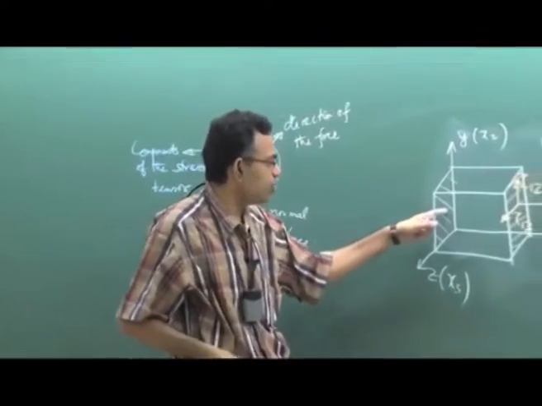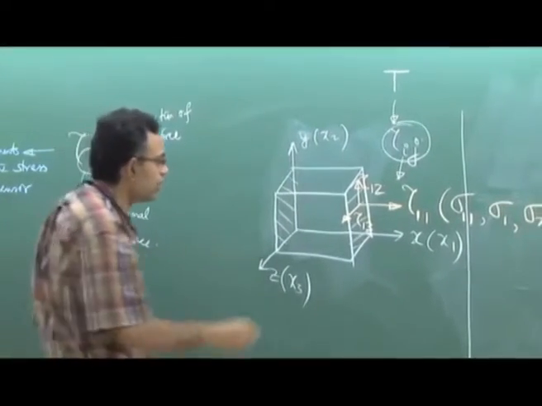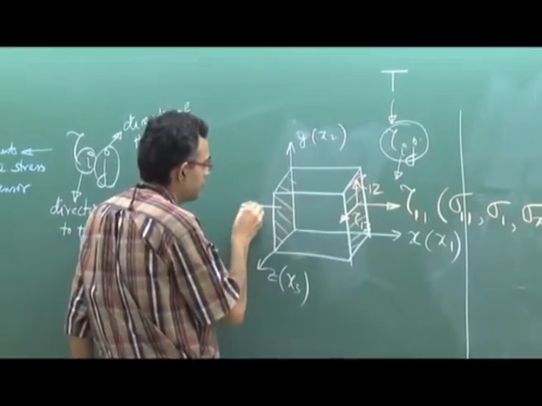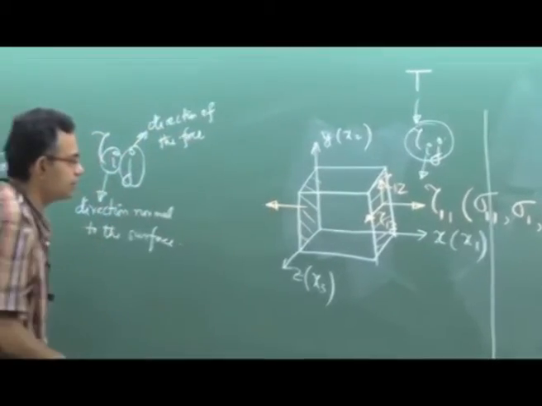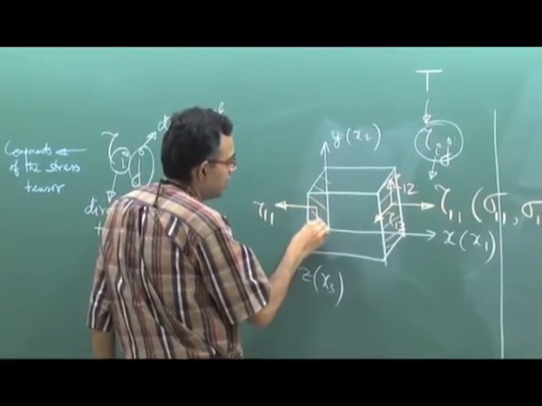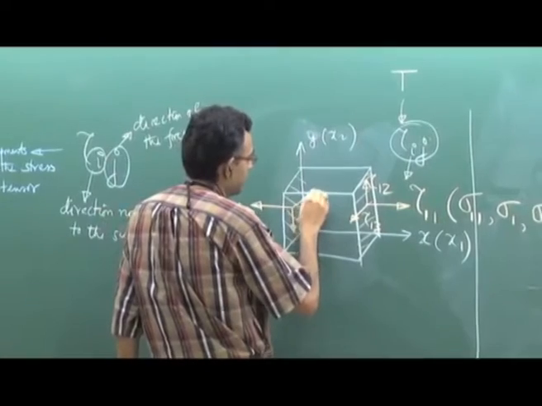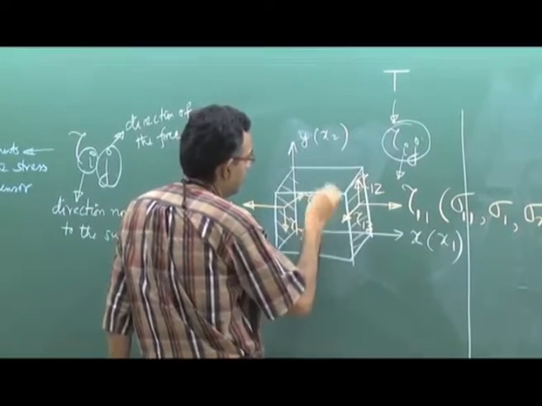Here the outward normal to the surface is in the negative direction, so we will show the force in the negative direction. So this is tau 11, this is tau 12 and this is tau 13.